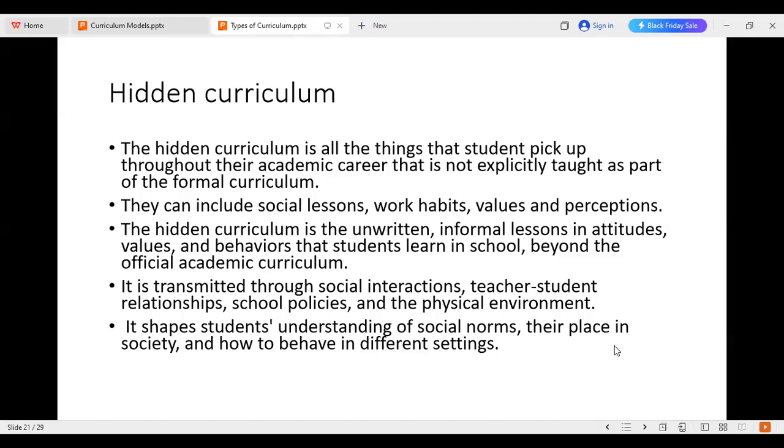Hidden curriculum, we can see some of the practices, that is unplanned practices. The hidden curriculum is all the things that the students pick up throughout their academic career that are not explicitly taught as part of the formal curriculum.